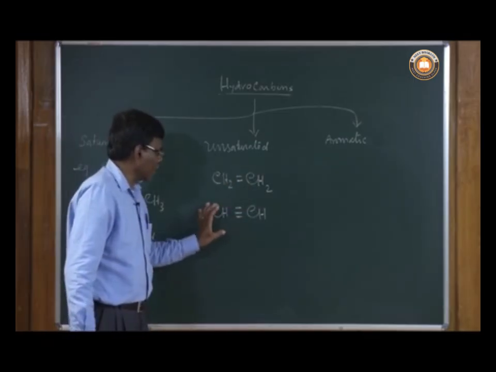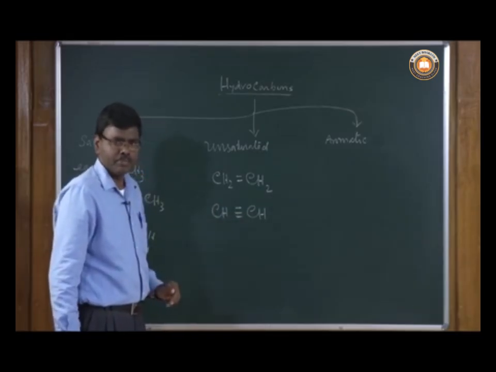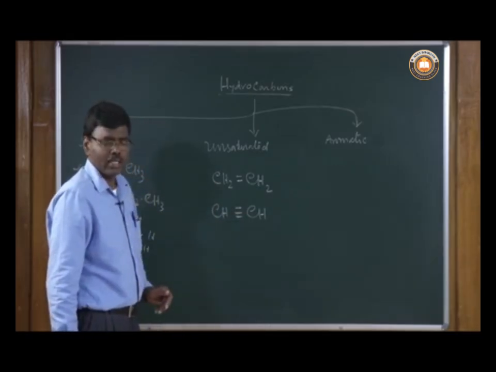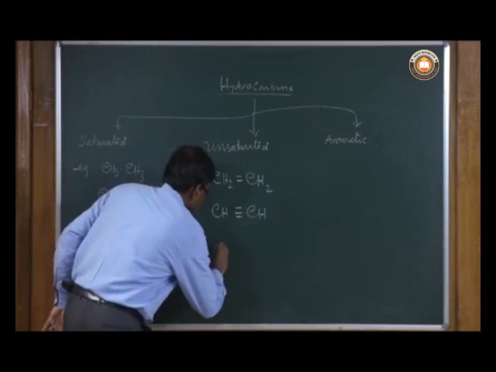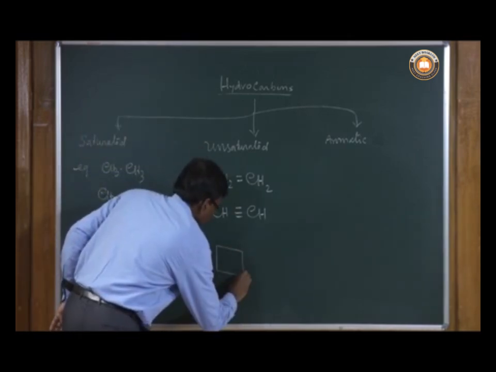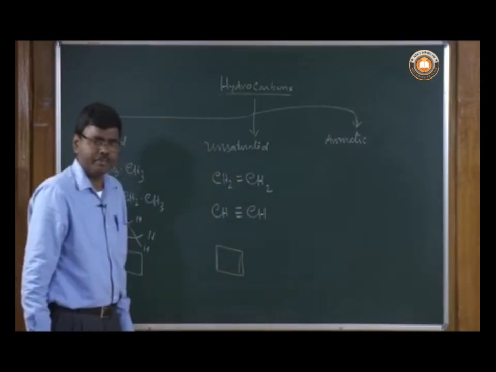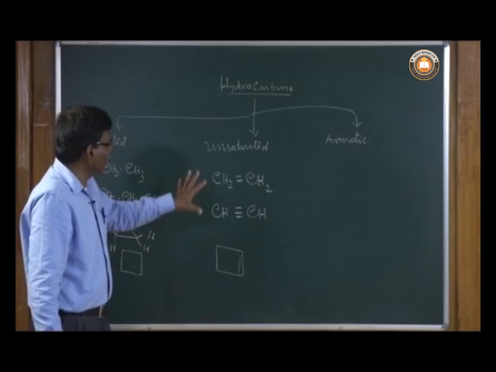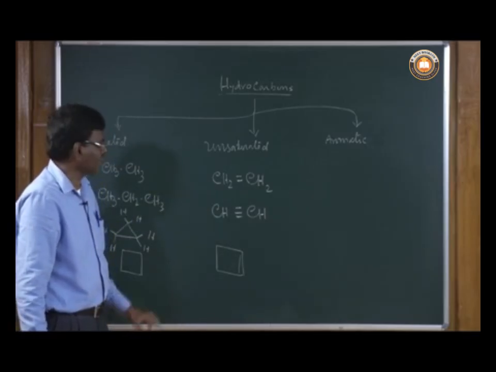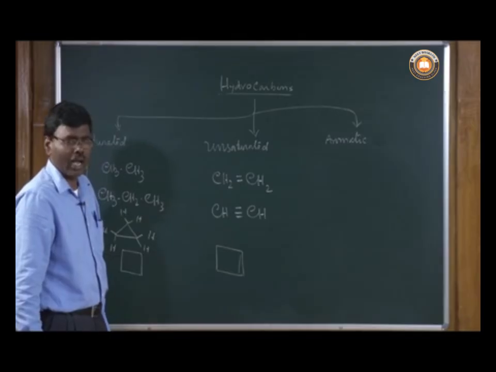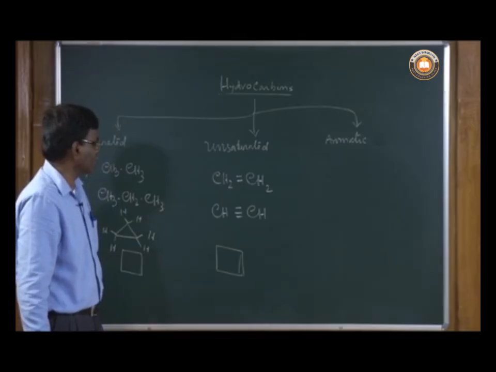This molecule has a carbon-carbon triple bond. These compounds are called unsaturated hydrocarbons. This also can be cyclic, for example with 4 carbon atoms. Whenever you have carbon-carbon multiple bonds, double or triple bonds, those hydrocarbons are called unsaturated hydrocarbons.